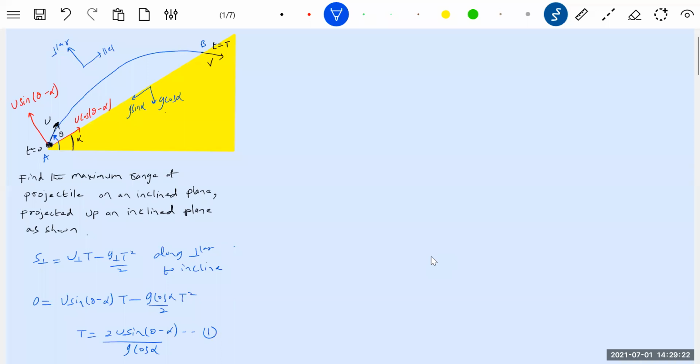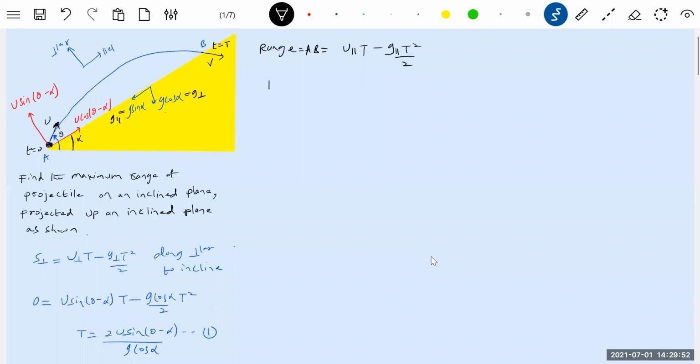Now directly let's go to the range. The range is equal to AB, that should be equal to u parallel t plus g parallel t square by 2, with the appropriate sign. This is g perpendicular, this is g parallel.